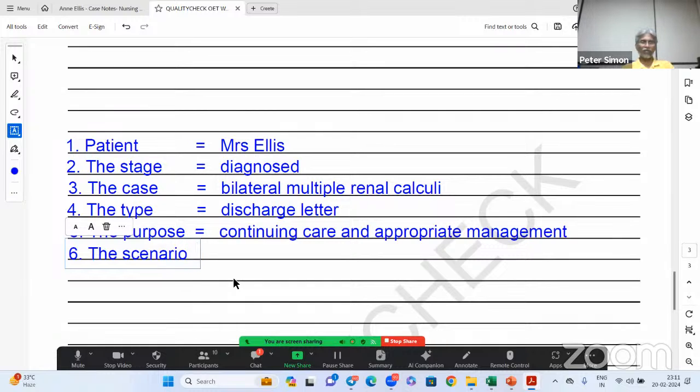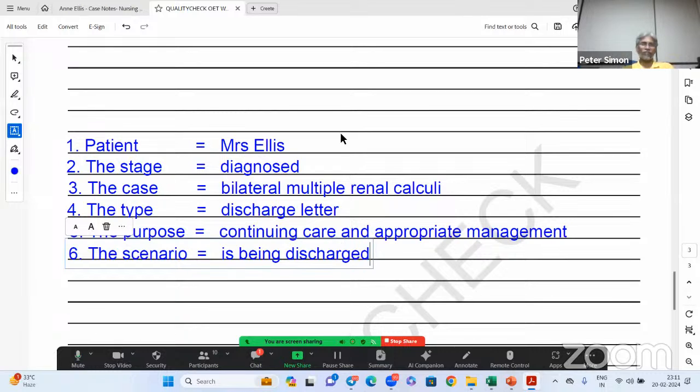What is the scenario? So he is being discharged. Is a discharge letter. So the scenario is being discharged.